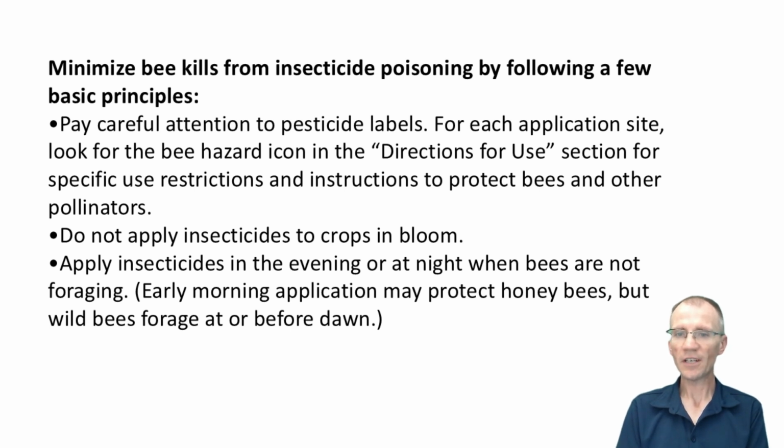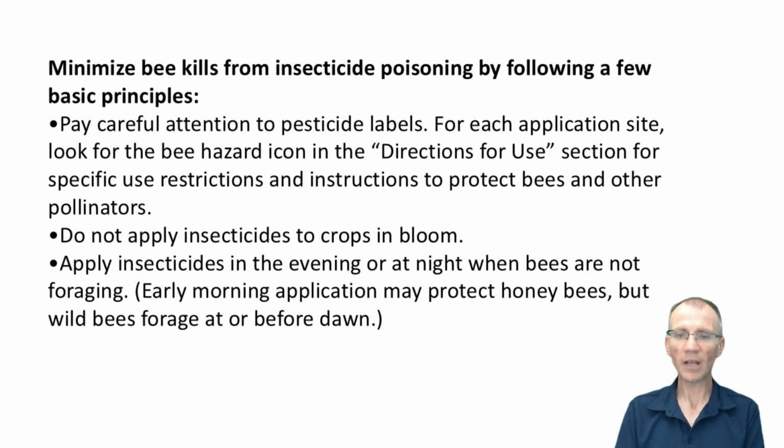Pay careful attention to pesticide labels. For each application site, look for the bee hazard icon in the Directions for Use section for specific use restrictions and instructions to protect bees and other pollinators. Do not apply insecticide to crops in bloom. Apply insecticides in the evening or at night when bees are not foraging.